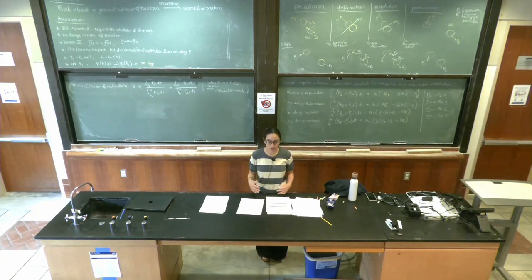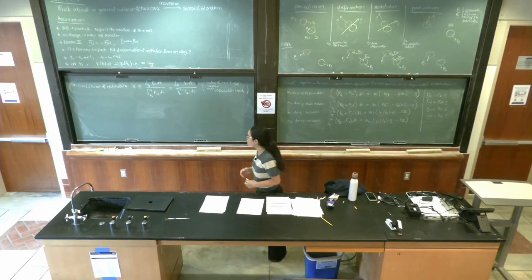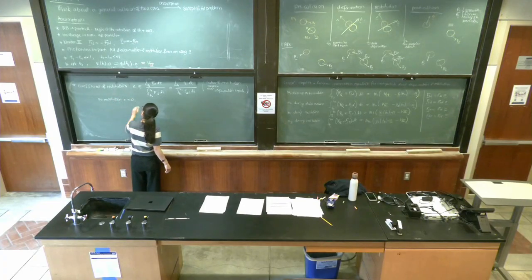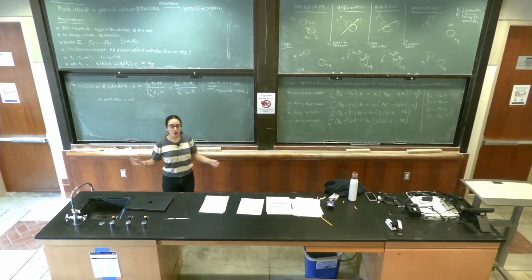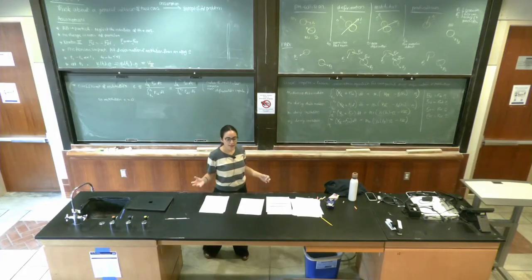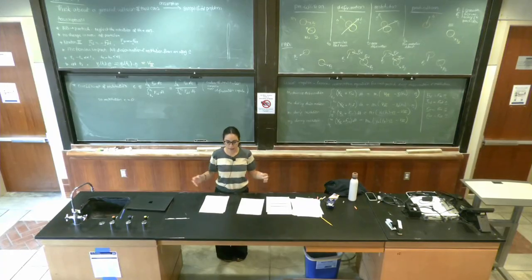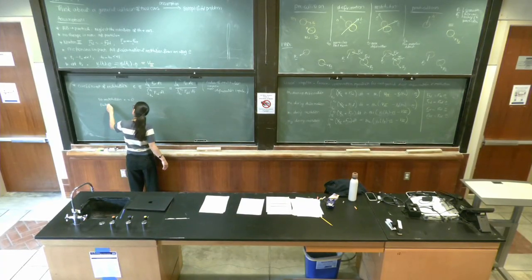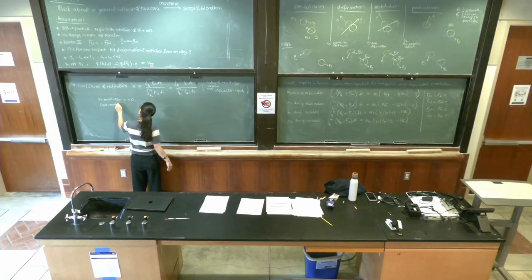There's no restitution at all. Restitutive impulse is 0. So E is equal to 0. What if I have full restitution? What is E equal to? 1, right? All the impulse due to the collision was brought back in restitution, full restitution. E is equal to 1.